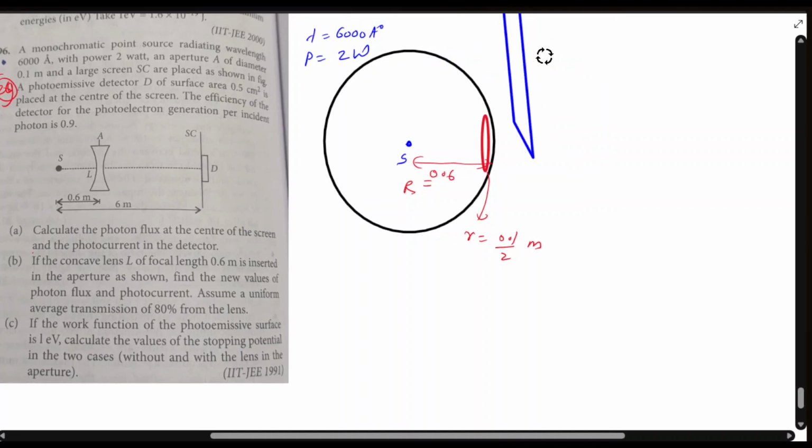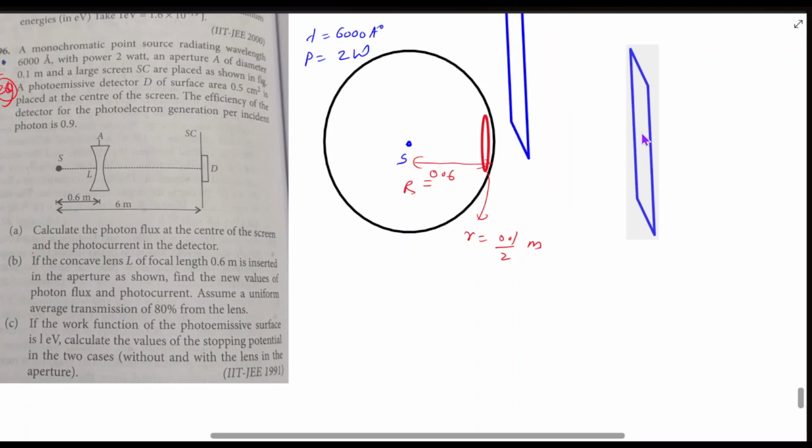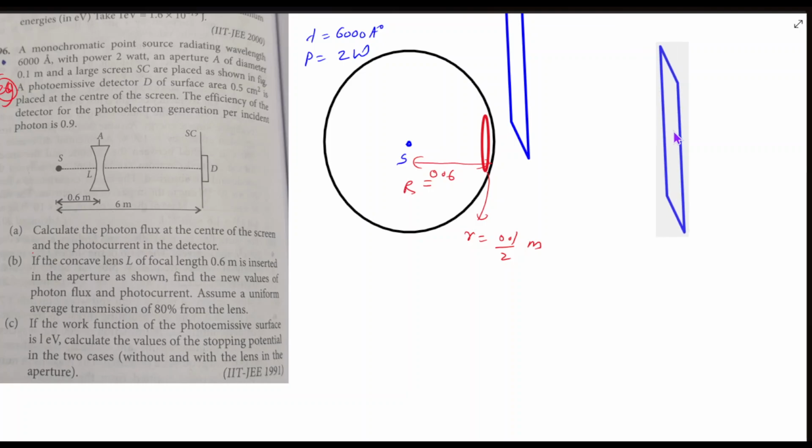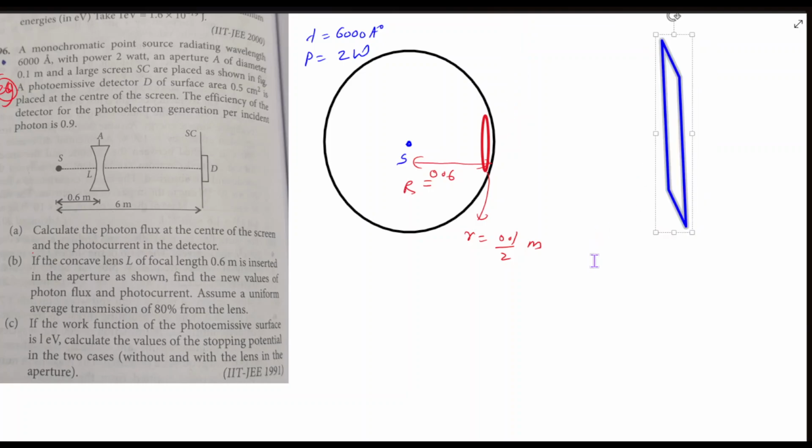So we have a screen over here, quite far away, and the distance is actually 6 meter, quite far from the source.